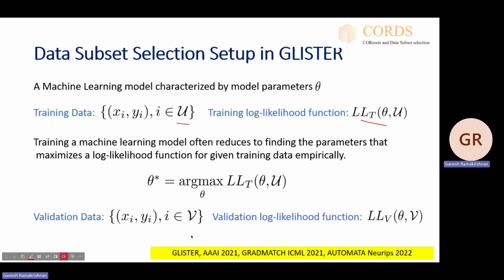How will I need the theta to come from the subset of the training data? Theta is to be estimated based on the subset of the training data, whereas the likelihood will be measured on the validation data. Is this the formulation? What would be the formulation? You're saying reverse it?